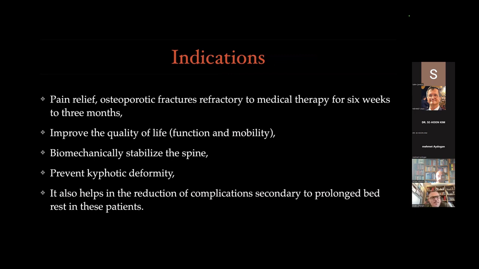As I told you, the first and main problem of these patients is the pain. With vertebral augmentation we expect pain relief in osteoporotic fractures refractory to medical therapy for 2 to 3 months. And of course, improved quality of life.